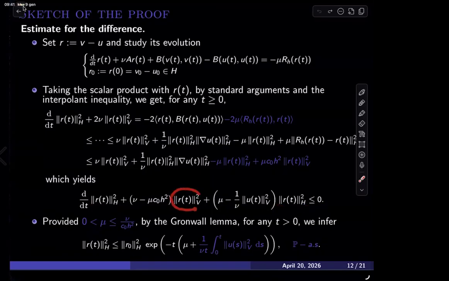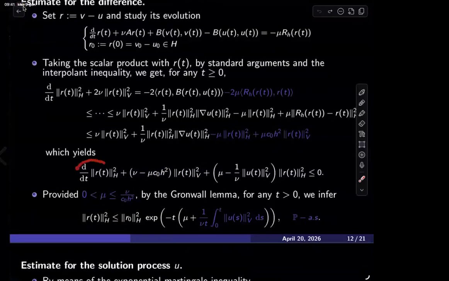The terms involving the V norm you can neglect if you assume that this term is positive, and this is exactly the first assumption that we make on the parameters mu and H. Under this assumption, you can neglect the term involving the H1 norm of the difference, and you obtain an inequality of this type.